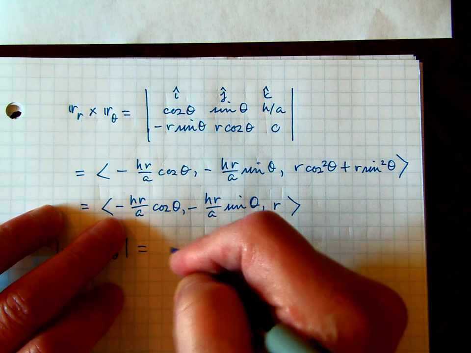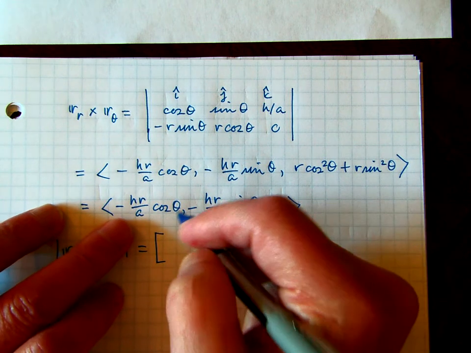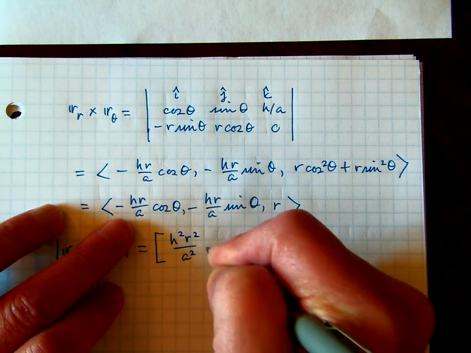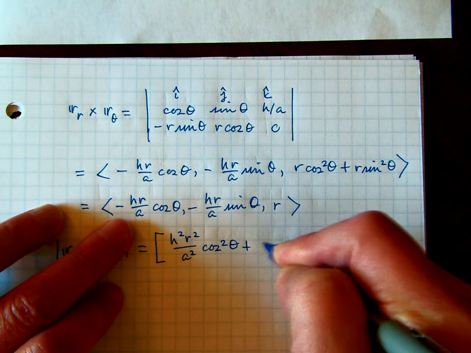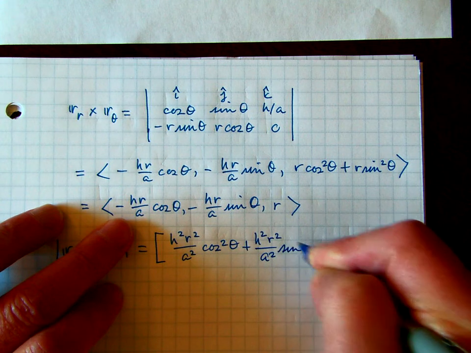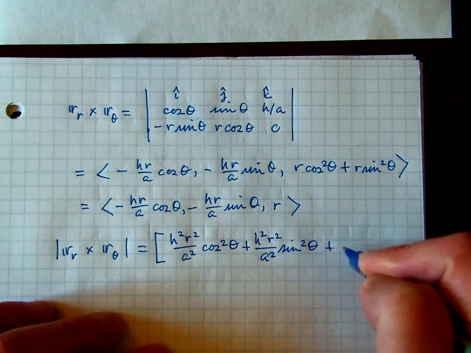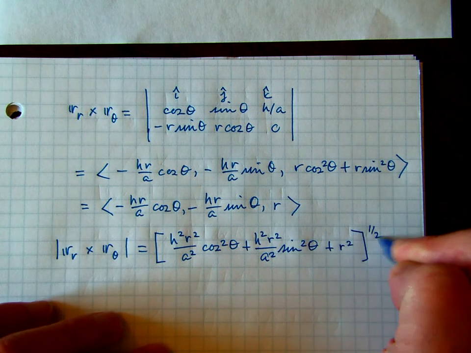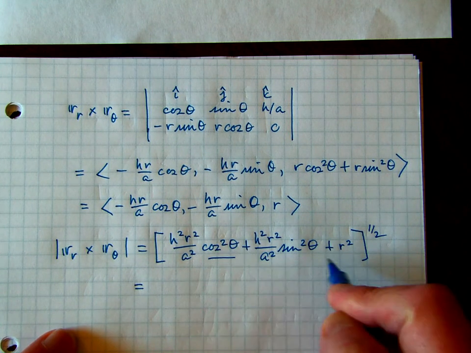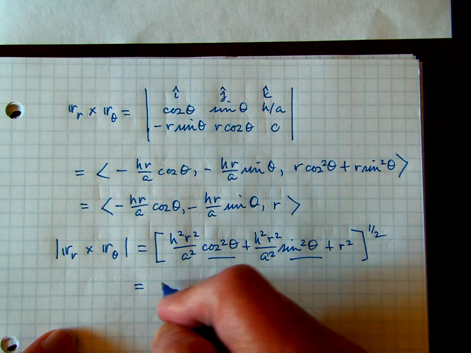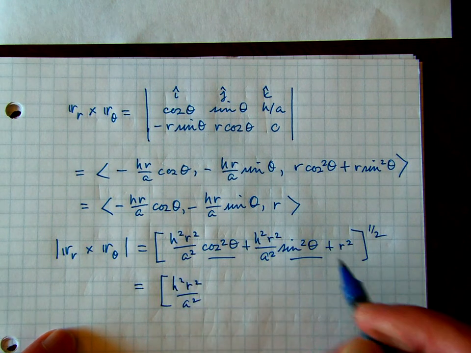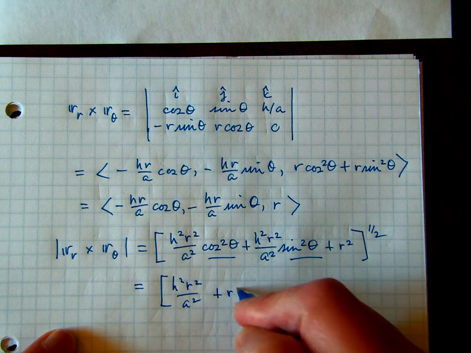So we're going to have a bracket here: h squared r squared over a squared cosine squared theta, plus h squared r squared over a squared sine squared theta, plus r squared, and this will all be to the 1/2 power because we have to take a square root. Cosine squared plus sine squared is 1, so we simply have h squared r squared over a squared plus r squared.